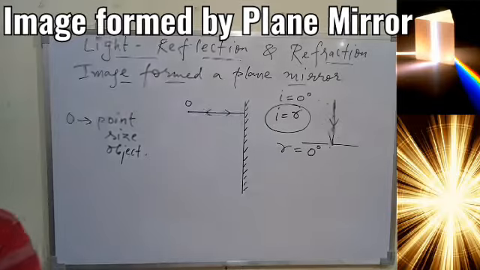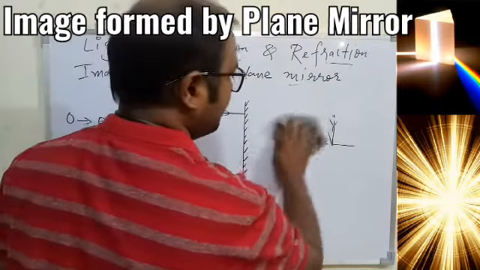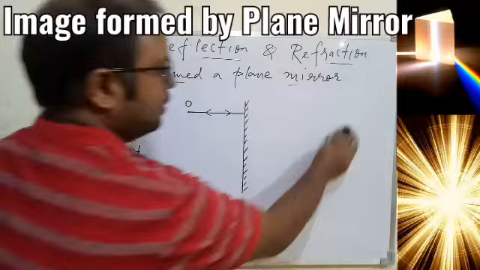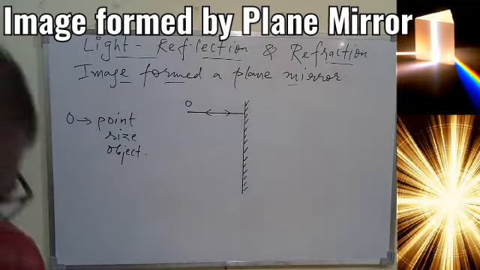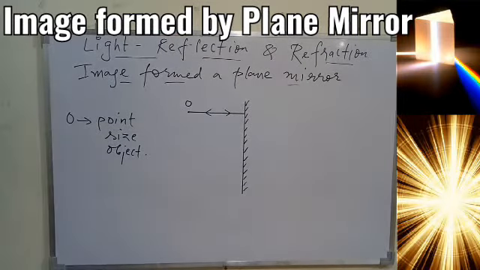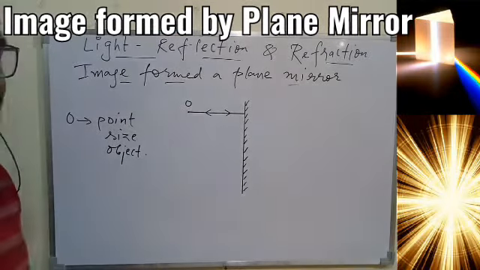So we can say if a ray of light falls perpendicular to the mirror, then the angle of incidence is 0 degree and hence the reflection will be along the same direction, opposite to the incident ray.